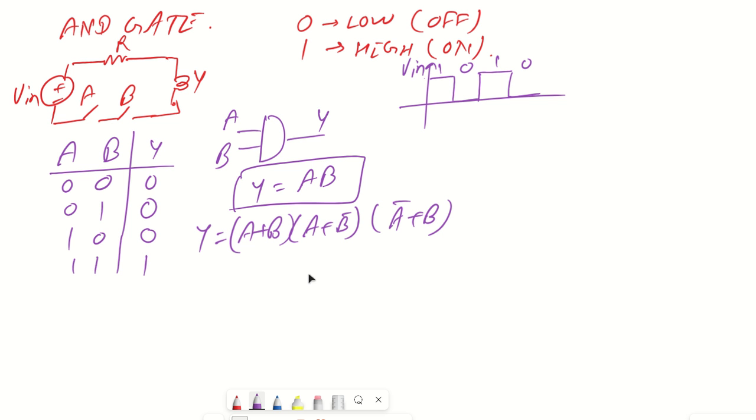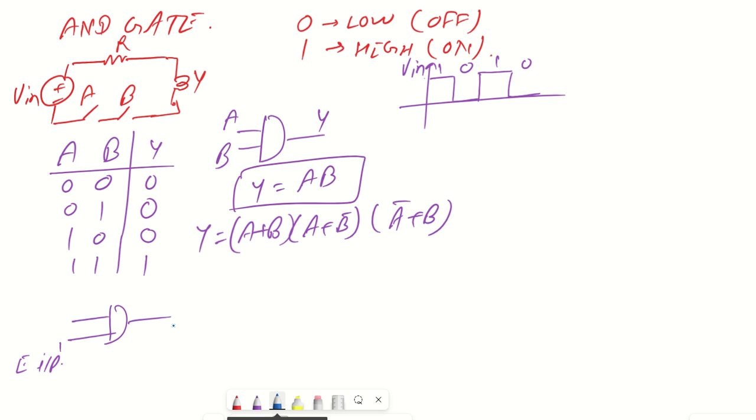Now I will tell you one more thing. This is called the enabling expression and disabling expression. Let us say we have the AND gate here, and I am going to put one input as 1, which is called an enabling input. Now whenever the other input goes high or low, based on that I can have my output high or low.